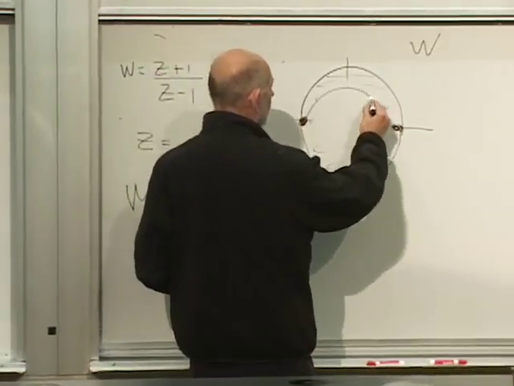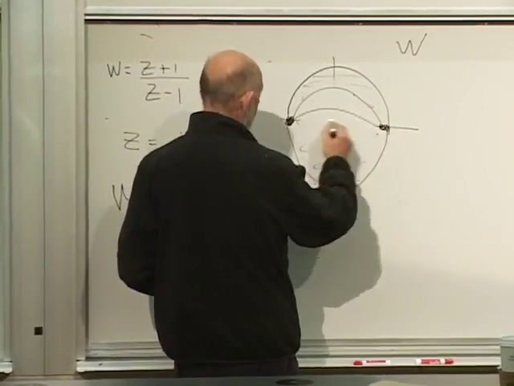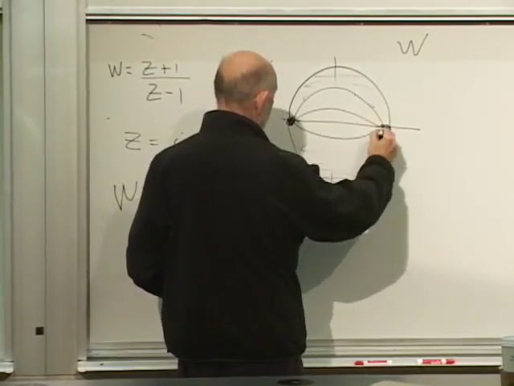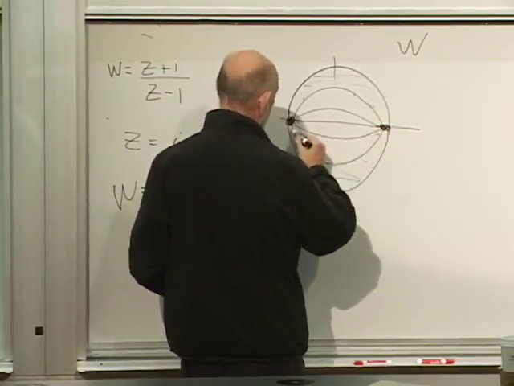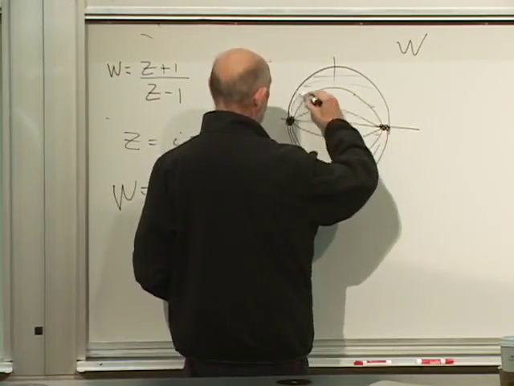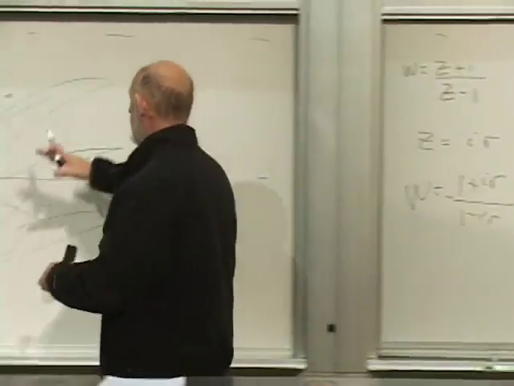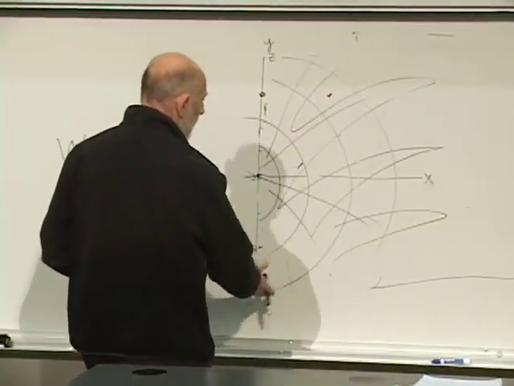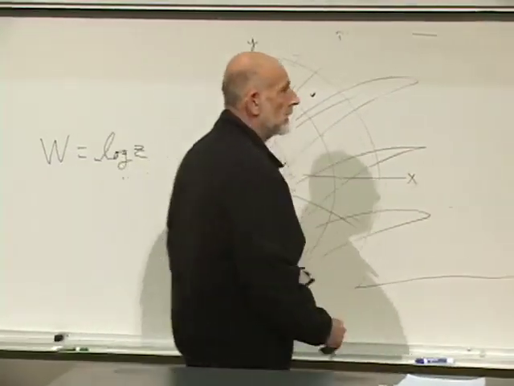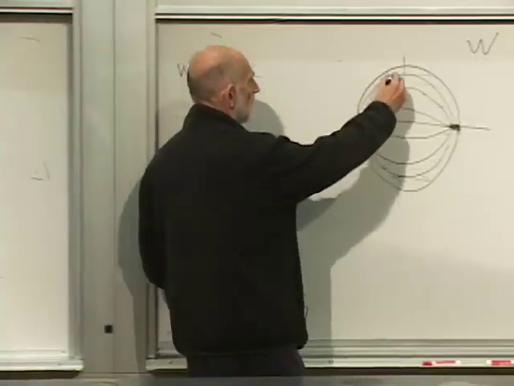So the radial lines look like this. They're actually circles, circles of different radii. And the lines of constant radius here, they look like this.